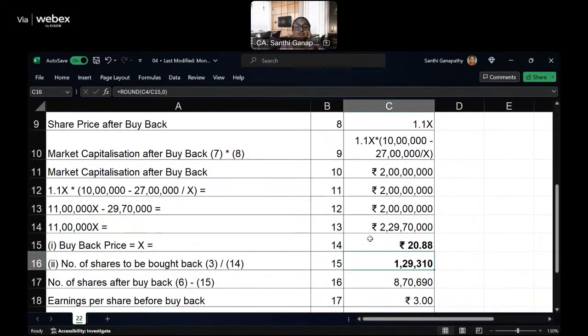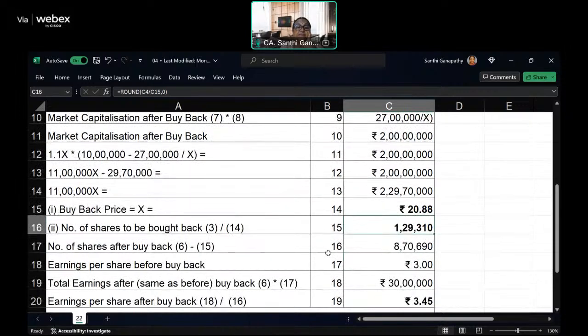Once you know the number of shares to be bought back, the number of shares after buyback we can find.